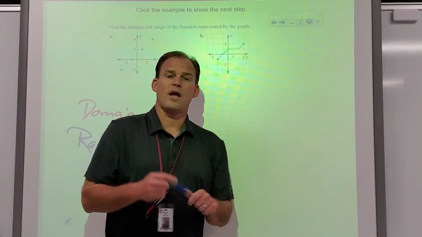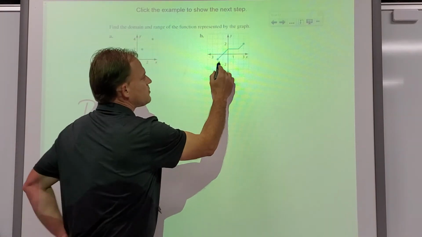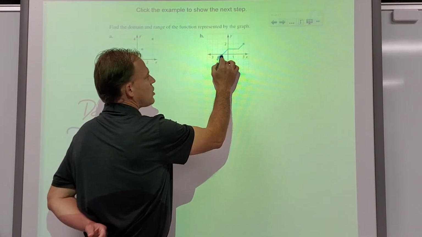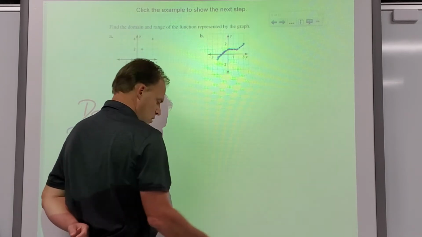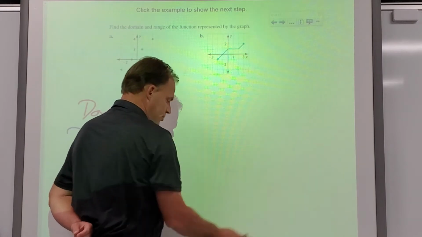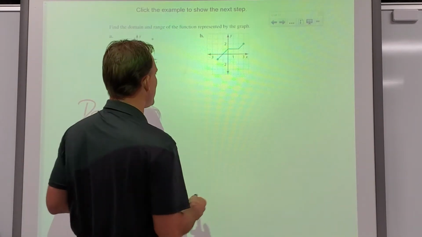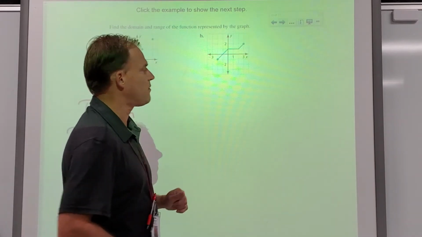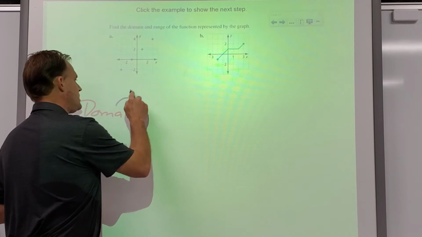A continuous graph is a little bit different. We can't just list numbers because this is all the points in between there. So I can't list all the points because it's all of them. Everything here. So everything where? So if I look at the domain of this problem, if I look at the inputs, the x's, remember domain means all those things.